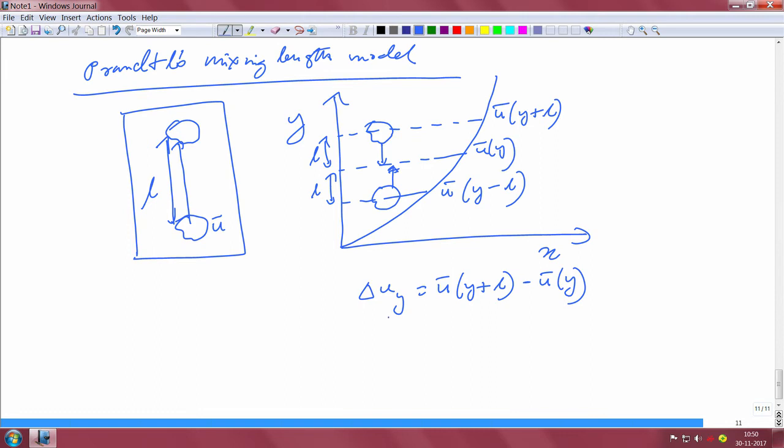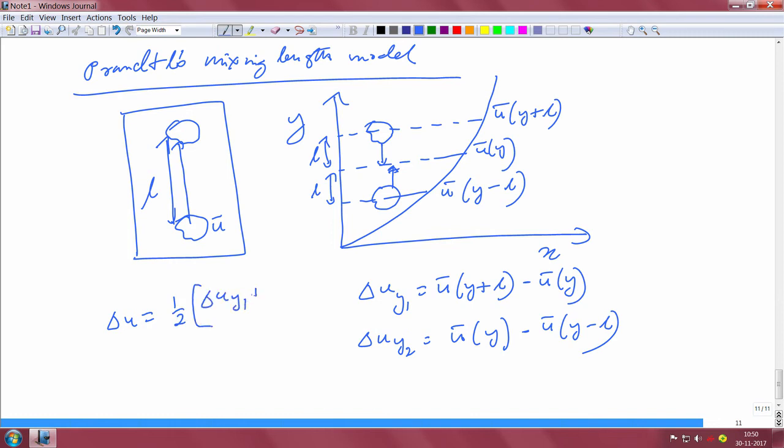So, in that particular case, this we can call delta u y1, this we can call delta u y2, both at the same location basically. So, u bar at y minus u bar at y minus L, right. So, that is what is going to happen. So, your delta u is basically half of delta u y1 plus delta u y2, something like that.